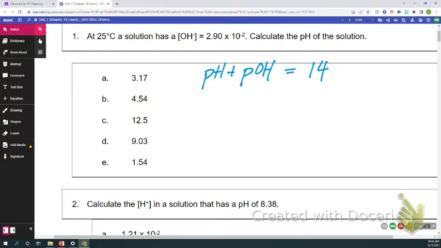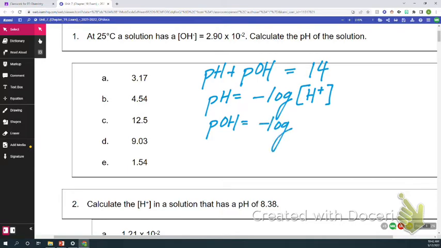So if you have the pH, you can just subtract from 14 and get pOH. They always add up to 14, right? The other equations that you find on your equation sheet are pH is equal to negative log of the H plus concentration, and the pOH is equal to negative log of the OH minus concentration. These three are on your equation sheet, okay?